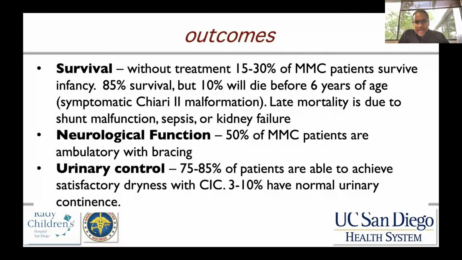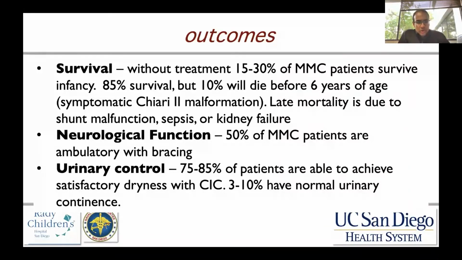And late mortality in patients with myelomeningocele is typically due to shunt malfunction, and more commonly in the setting of sepsis or kidney failure due to chronic hydronephrosis in the setting of urinary dysfunction.